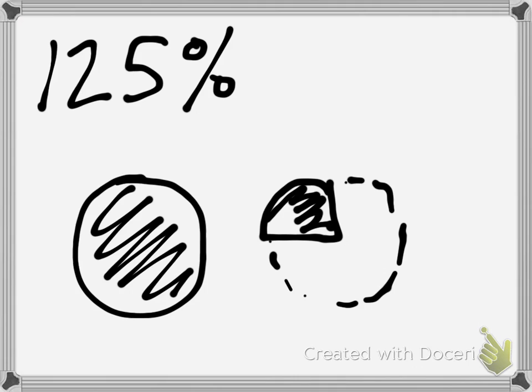So Frank ate 125% of the pizza. I was only intending for people to eat this one, and he ate the whole thing, and then he went and ate more. So that's how we would end up with 125%.